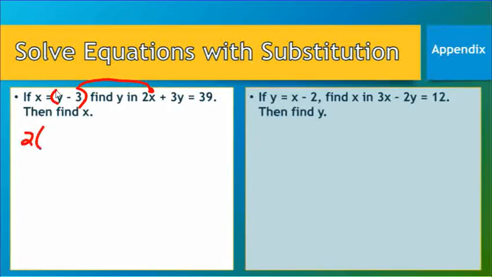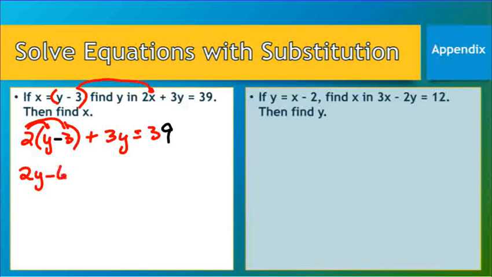So I have 2 times y minus 3 plus 3y equals 39. The whole goal when you're using substitution is to make sure you only have one variable. So here I just have y, so I can solve for y. So now I just distribute. So I have 2y minus 6 plus 3y equals 39.